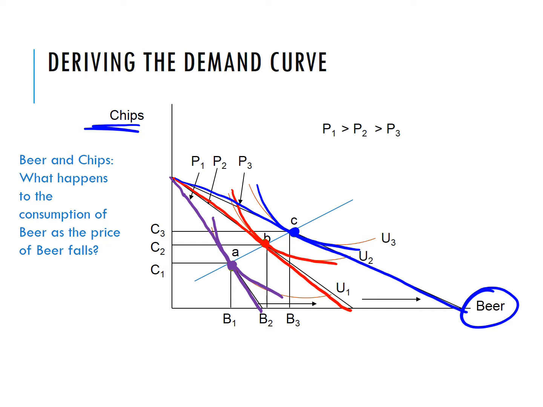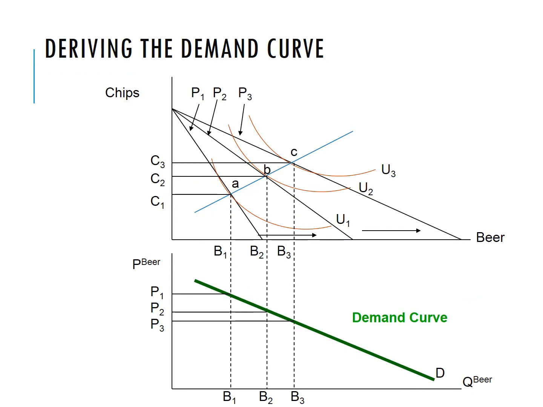So, we're going to go from this graph to a new graph. And our new graph is below. So on the top, we have the same graph as on the previous slide. On the bottom graph, we have, again, quantity of beer, but now we have the price of beer instead of chips. However, the two graphs are related.